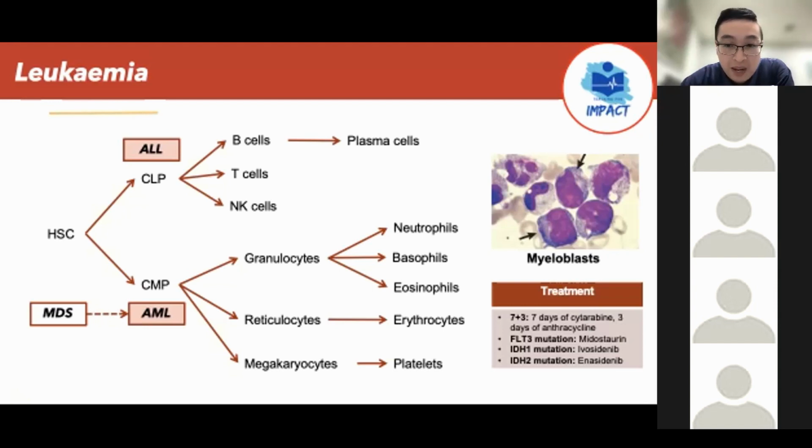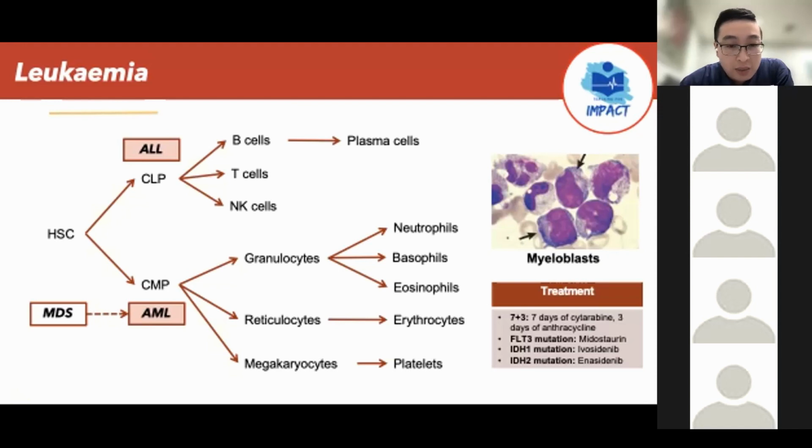This classification system categorized AML into 8 different subtypes based on morphology alone. The 8 subtypes are named M0 all through to M7. So there's the M0 subtype, M2 subtype, M3 subtype, et cetera, all the way up until M7. And the M3 subtype refers to a specific kind of AML called acute promyelocytic leukemia, or APL.